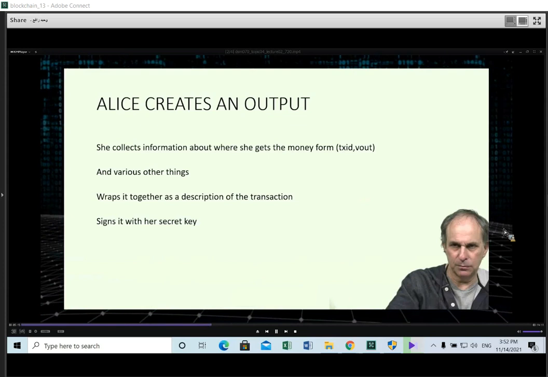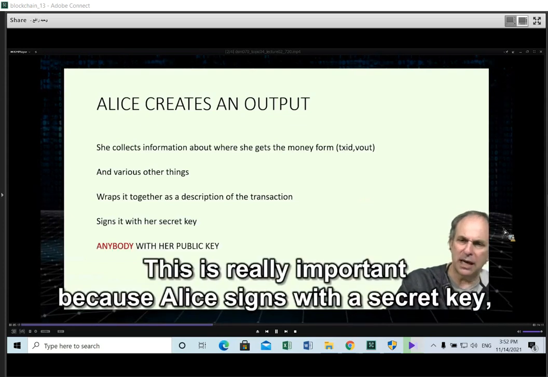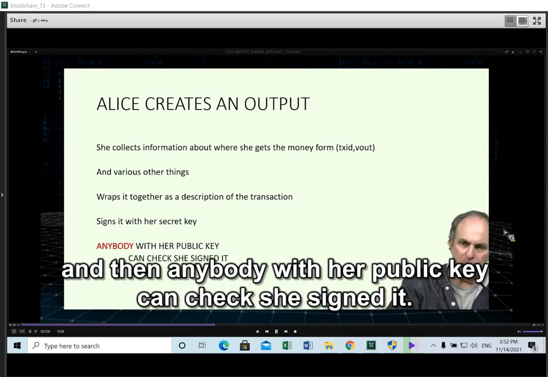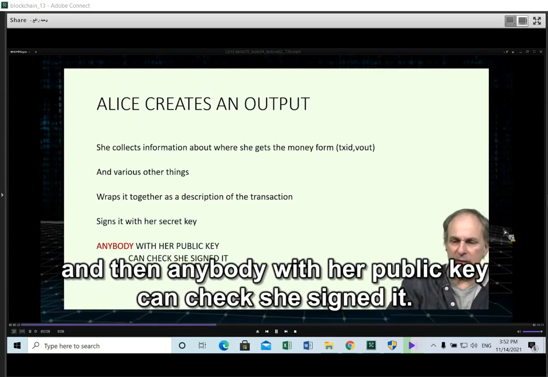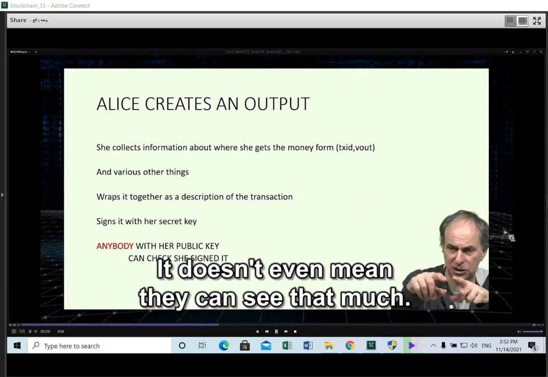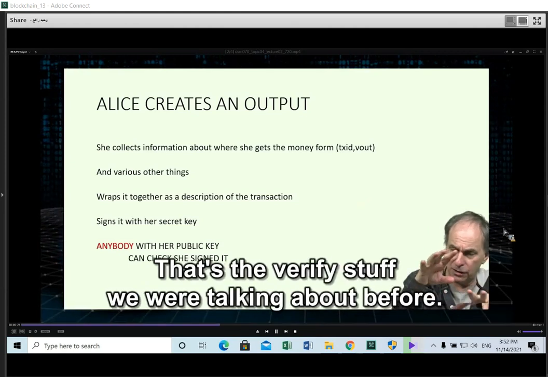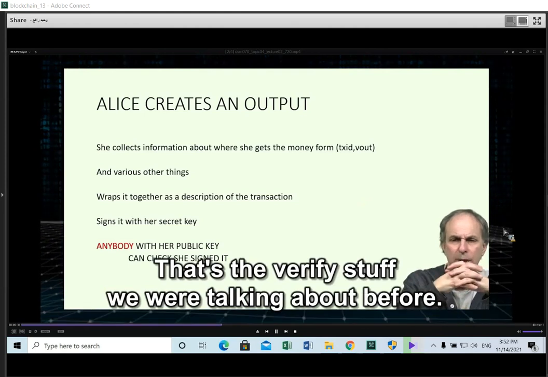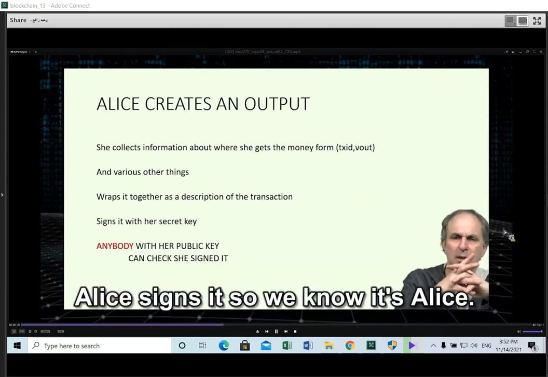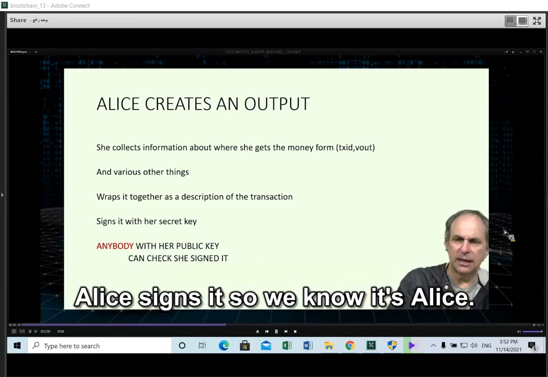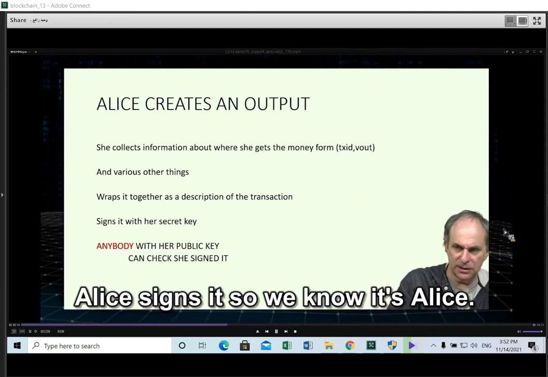So Alice arranges the output so that only Bob can spend it. She's making a new unspent output, and only Bob will be able to spend it. And Bob spending it is the next transaction. As I say, it's an unspent output until Bob spends it.